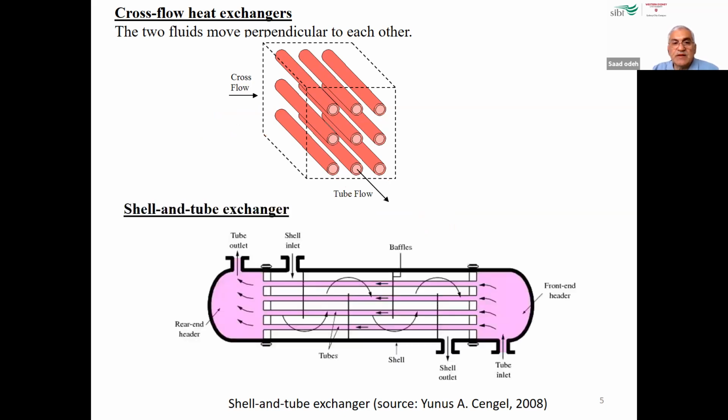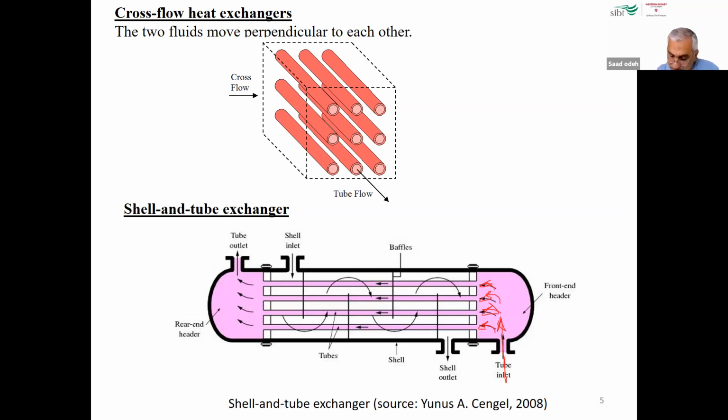The third type is the shell and tube heat exchanger. As you can see, we have a big shell, and inside the big shell we have many pipes staggered inside, and these pipes allow the flow to go through them. So the flow is coming from this side, for example, and is divided into sub tubes or sub passages.